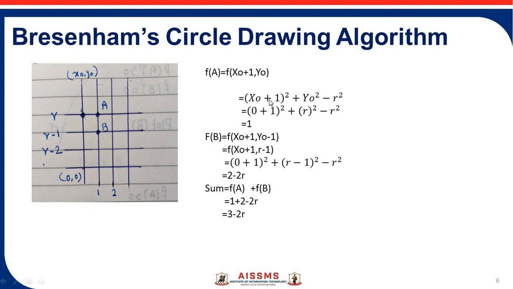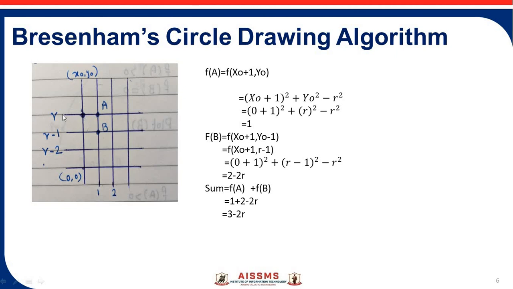Here in the given figure, the center point is 0, 0 and two vertices a and b are present. We are applying the circle function f of a and f of b for both the vertices. The first pixel a, the topmost boundary of the circle, is the point x0, y0.